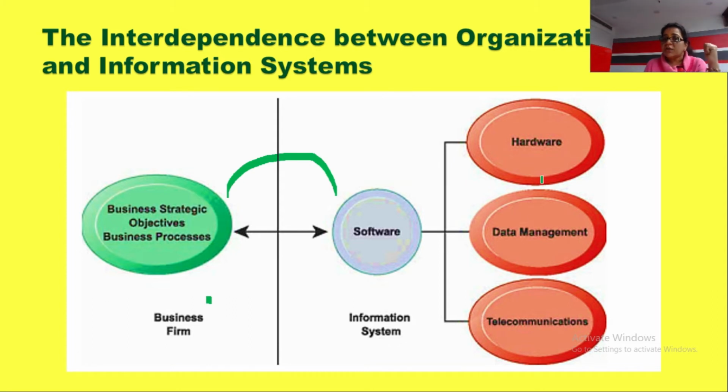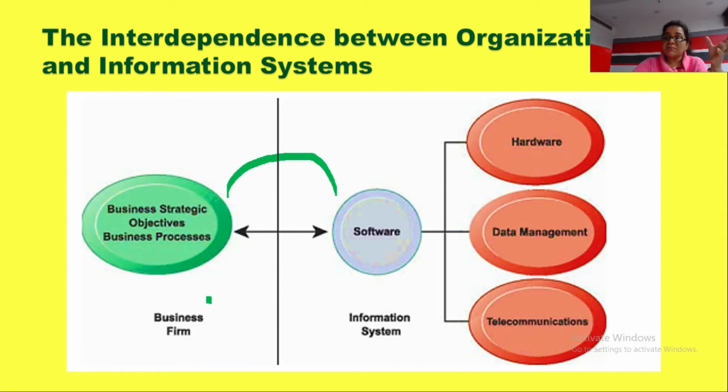Correct? So here all these processes became dependent on these technologies and systems, and these systems are also managing the data of this particular organization, so they both become interdependent on each other. An organization cannot survive without the help of these systems, and systems cannot survive without operating on this data.